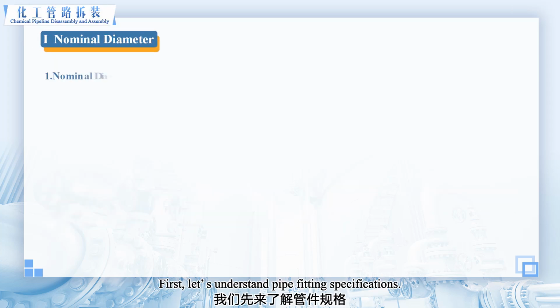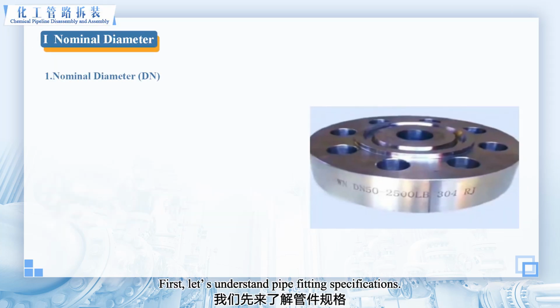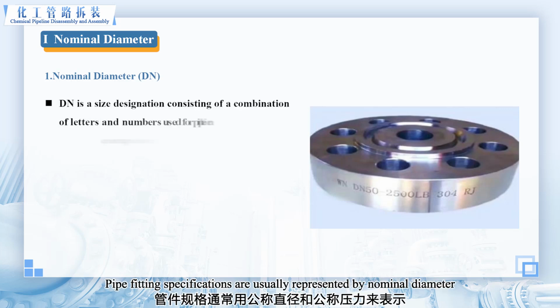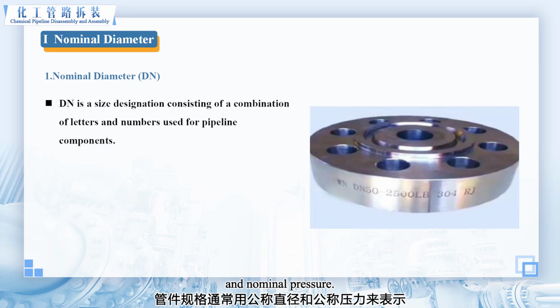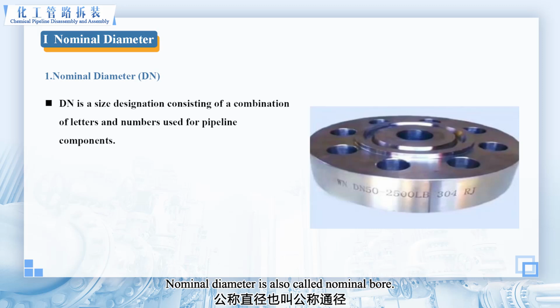First, let's understand pipe fitting specifications. Pipe fitting specifications are usually represented by nominal diameter and nominal pressure. Nominal diameter is also called nominal bore.